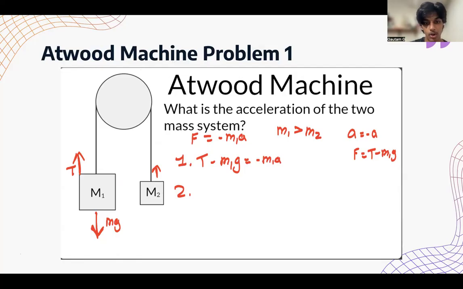But we also know that this mass is going downwards, correct? So the acceleration of this object is going to be negative because that's what we defined the acceleration as, right? Downwards means negative in this case.